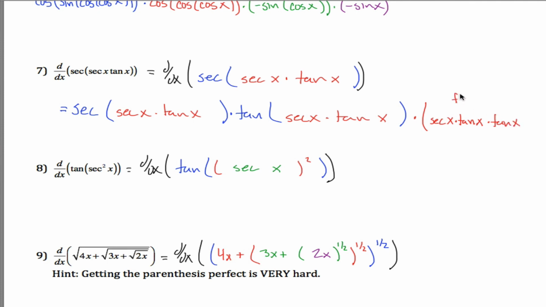So this is f prime, this is g, and then to that I want to add g prime, so the derivative of tangent, which happens to be secant squared of x, times f. F is secant of x. So f prime g plus, this is g prime, and this is f. Add them together. This right here is your final answer. Maybe I need a box around that to tell what's going on.